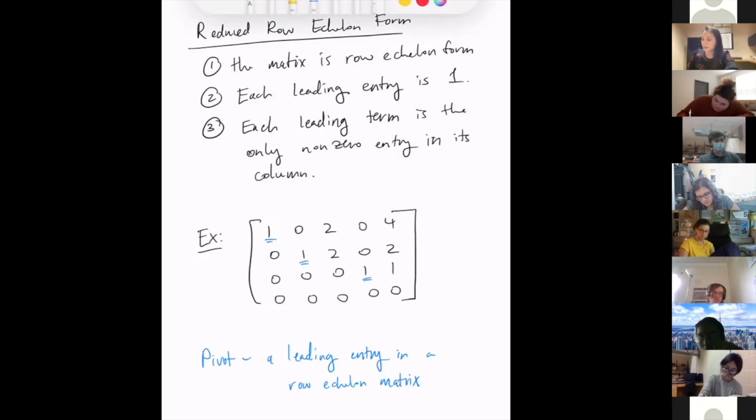So when we're talking about a matrix that's in row echelon form or reduced row echelon form, we'll call them pivots. Otherwise, they're leading entries. That's because when we have it in this form, they have a more exact, more concrete and important meaning, and so we have a different name for them.